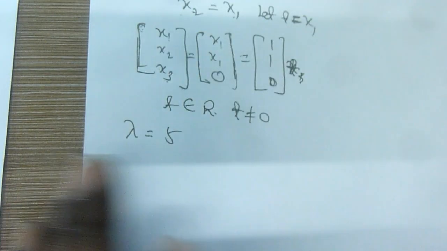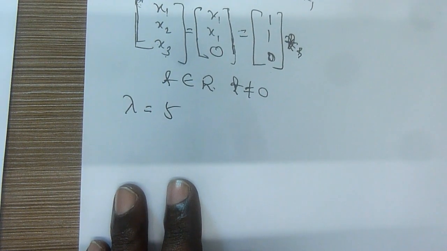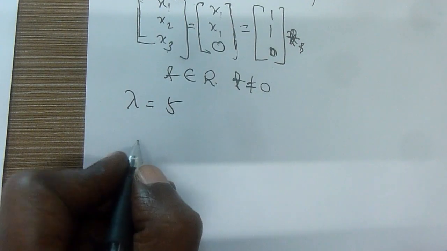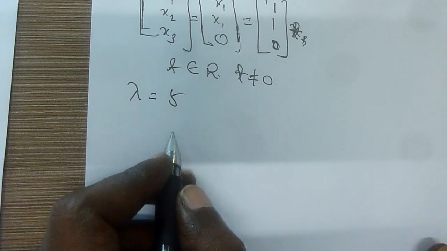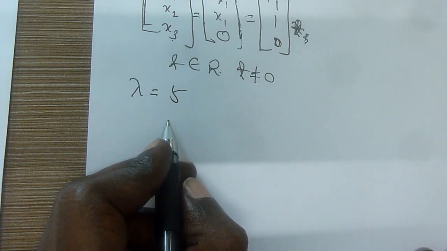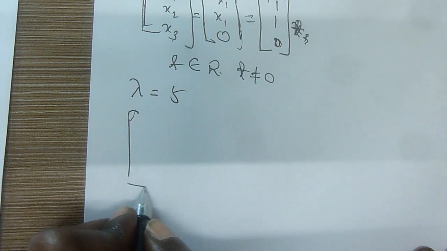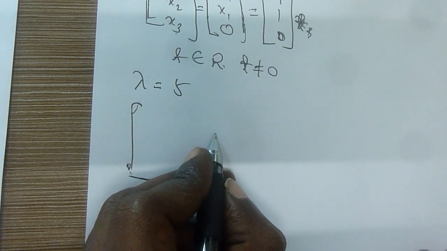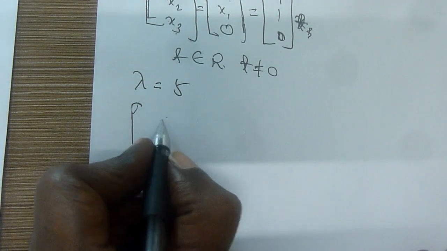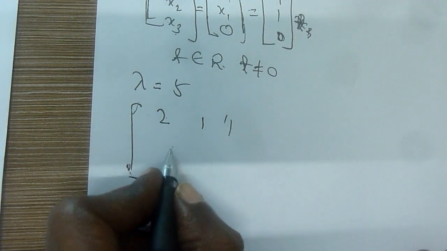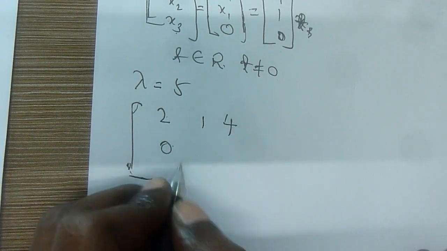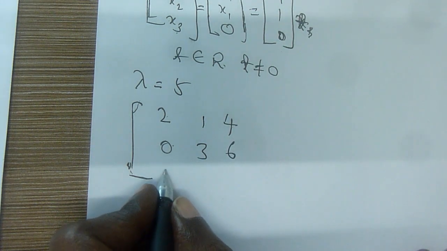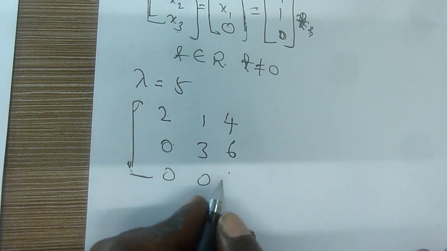This one, not yet. Later you will see, I'll show you a more complex one. In this particular case, lambda is equal to 5. When lambda equals 5, let me write again: 5 2 1 4 0, 5 3 6 0 0, 0.